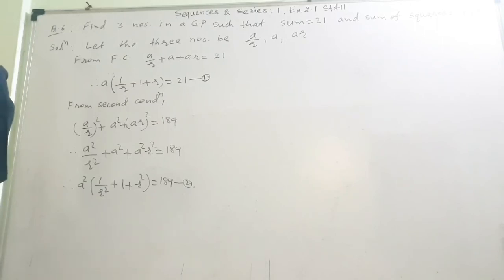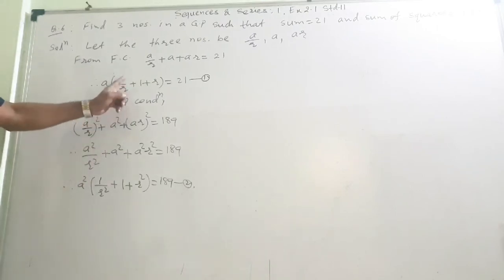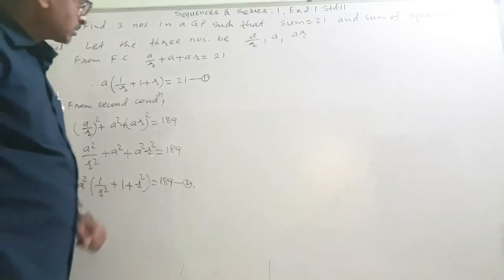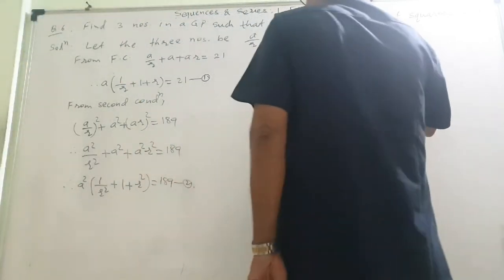So now, if I square the first equation, the first number is this. If I square this, I will get A square, and I will get something else also. What is that thing you will get? So how to square this? That is important. In standard 8, you have the formula.